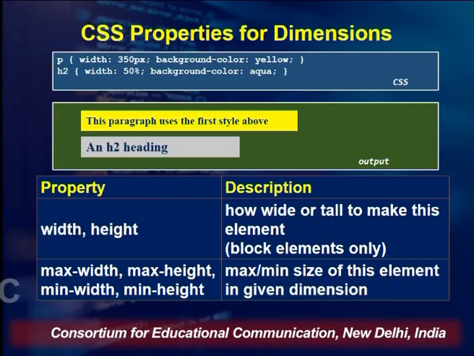Then we can always have the height and width, that is the dimension properties can also be set, that is how wide or tall you want to make the element. Now this is only applicable for block level elements, because they always follow the box model, right. So if you want your H2 to be of a particular height and width, or your H1 to be of a particular height and width, you can specify that using the properties width and height, and you can also specify the max width and max height, that is the maximum size of that particular element, and the minimum size of that particular element using min width and min height.